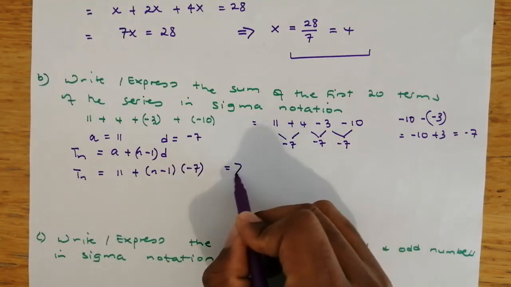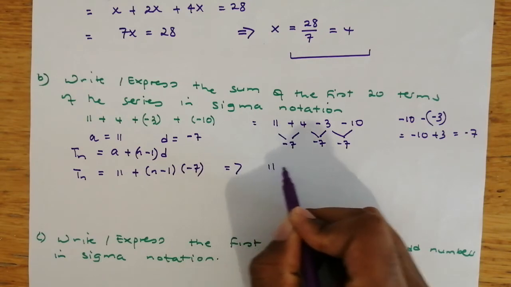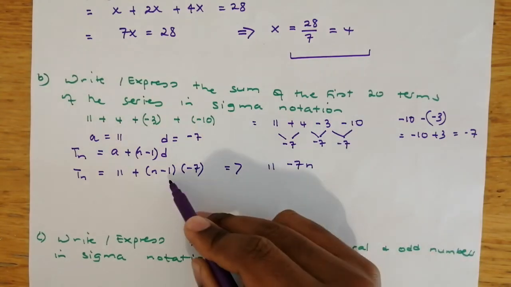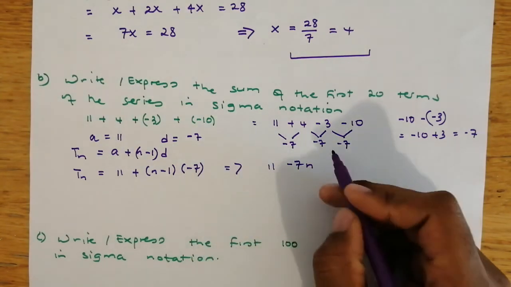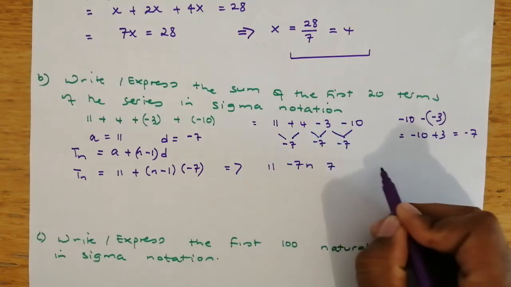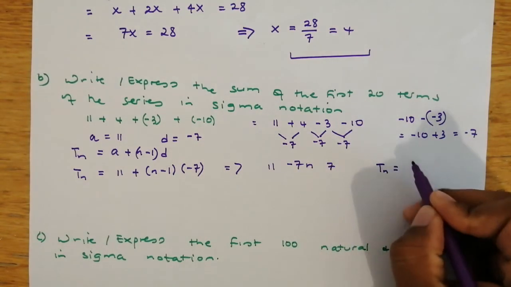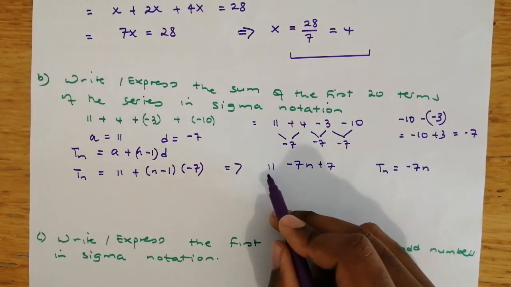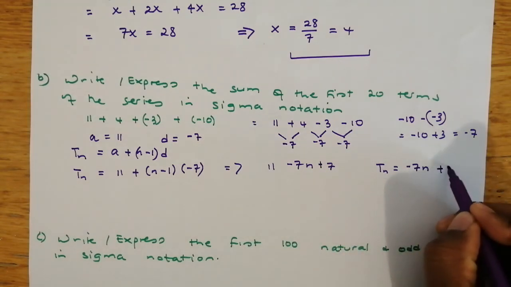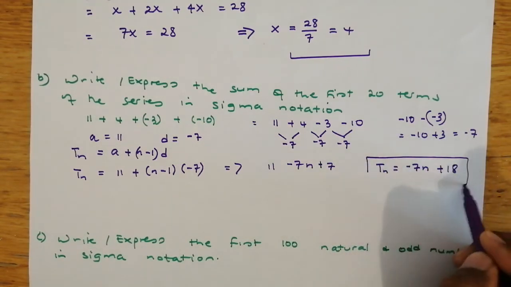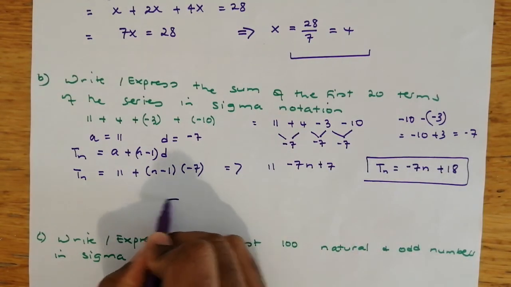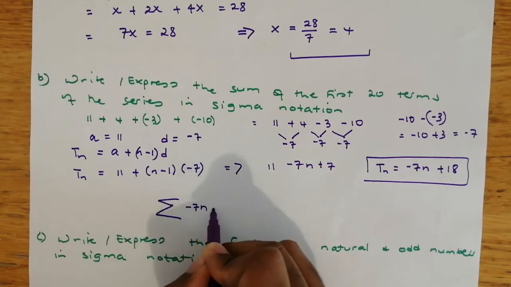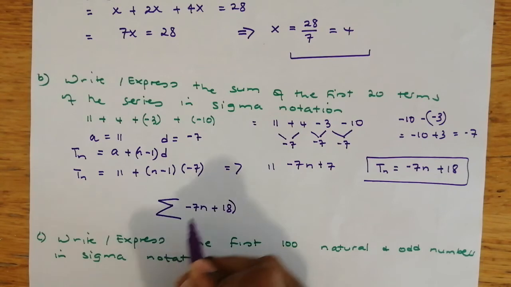This equals 11 minus 7n, then minus 1 multiplied by minus 7, that is positive 7. So 11 plus 7 is 18. Now that we have found this, we can express it in sigma notation. Our Tn is negative 7n plus 18.